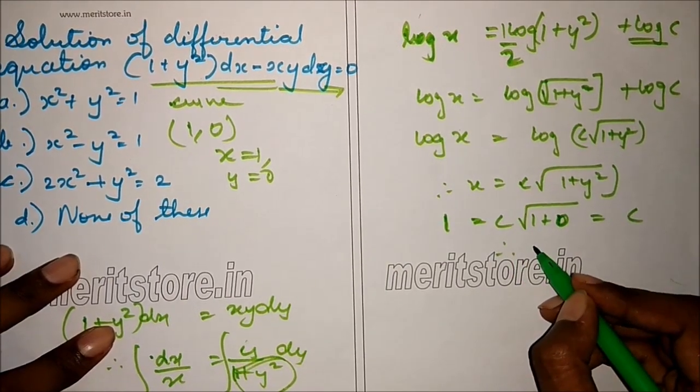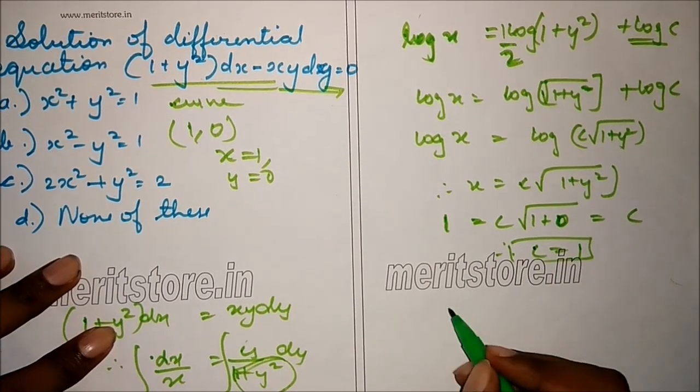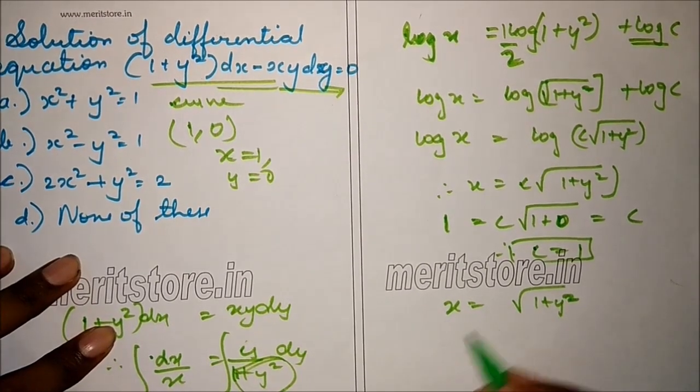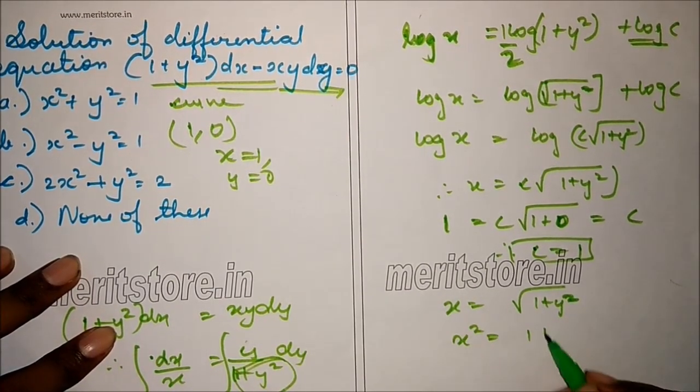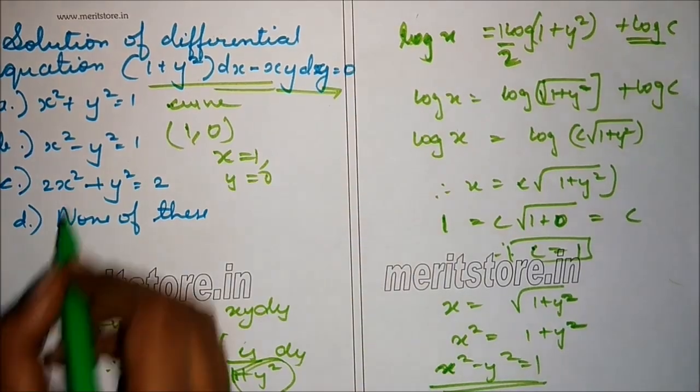So therefore c will be 1. So resubstituting, this will be x equals root of 1 plus y square. So squaring both sides, we get x square equals 1 plus y square. Therefore x square minus y square is equal to 1. This is the equation of the curve, which is option B.